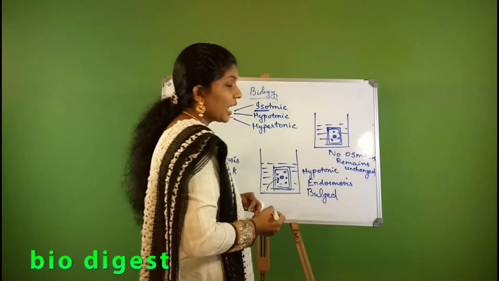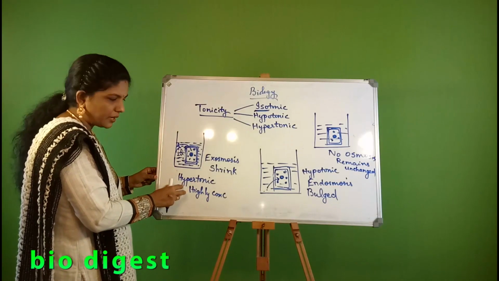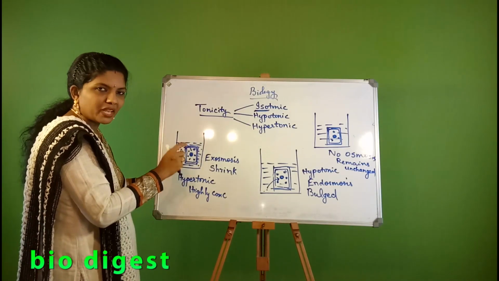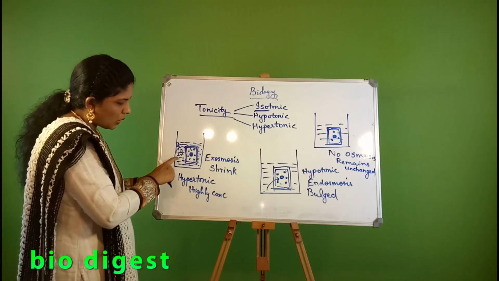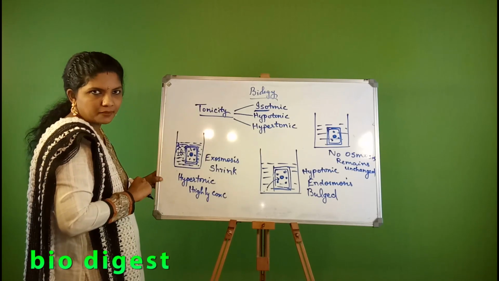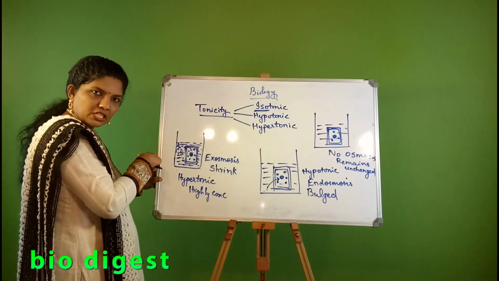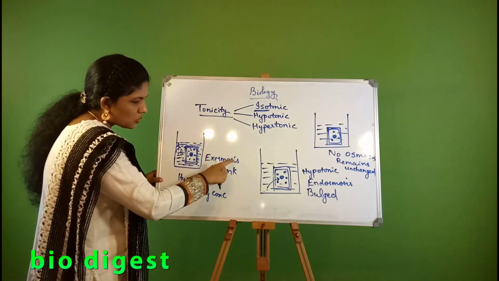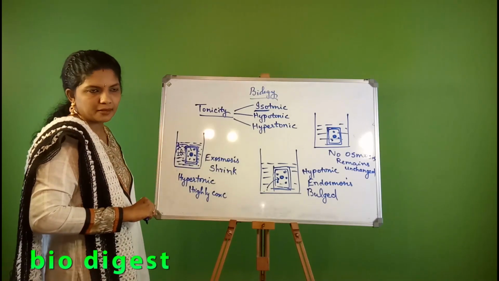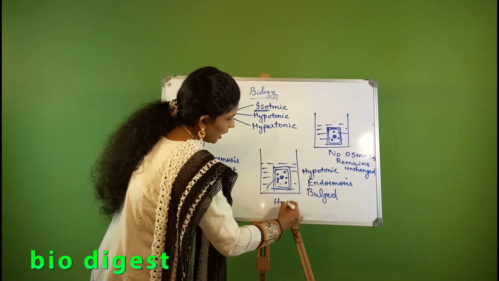That is isotonic. So this is hypertonic solution, where we place the cell in a highly concentrated solution. Outside has more solute than the inner side of the cell. In that case, water will move from within the cell to outside. Exosmosis will take place, which will lead to the shrinkage of the cell. This is hypotonic solution.